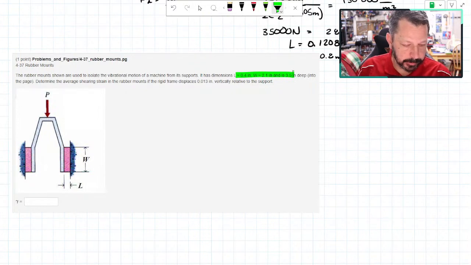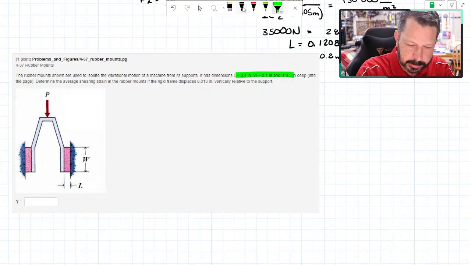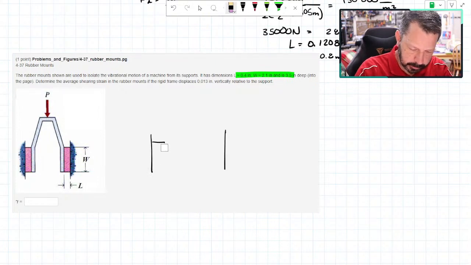And you want to find the average shear strain in the rubber mounts if the rigid frame displaces 0.013 inches vertically. So what that means is it's going to end up looking like this. Let me draw it deformed, again exaggerating it, just so you can see what's going on.